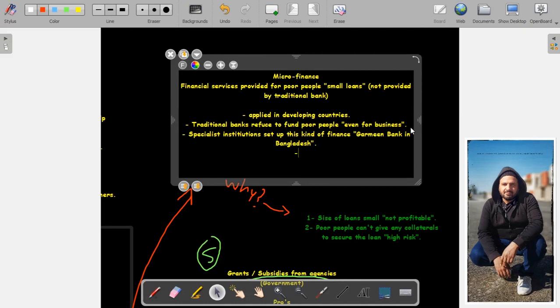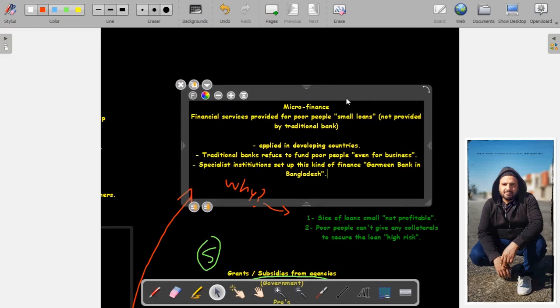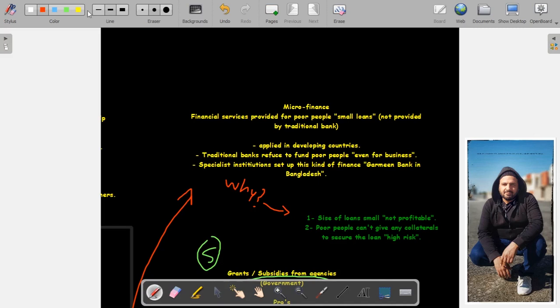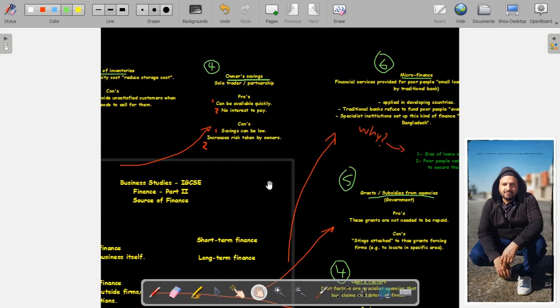These institutions provide the money for poor people to start their businesses. And this is the concept of microfinance, guys, which is considered as an external finance method, number six, or the sixth method, microfinance.